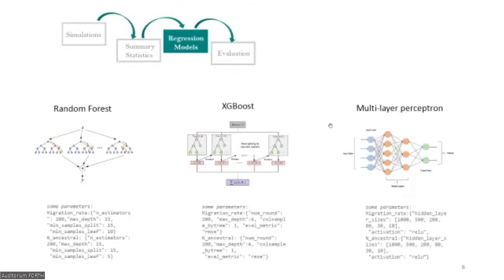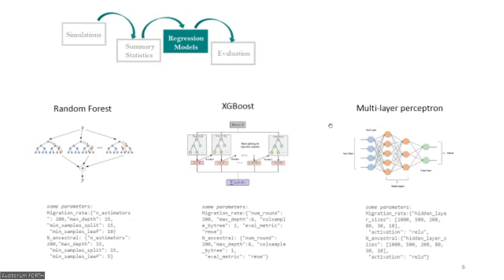Then the regression methods that we explored on these summary statistics. So first, the random forest that was quite used for population genetics tasks. The XGBoost that is also a tree-based model, an ensemble model, and a neural network, the multi-layer perceptron.